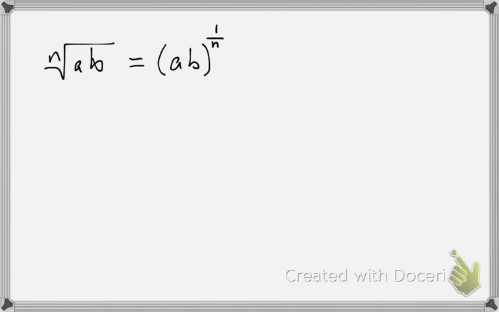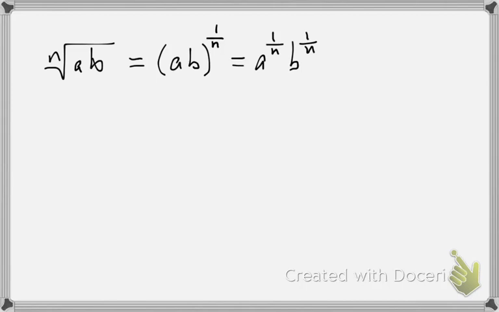As a fraction power, 1 over n. You guys recall? It's going to matter. Once you have it in its exponential form, you can deal with that piece by piece. So in this case, that means a to the 1 over n, b to the 1 over n. You guys agree? That's just a regular exponential rule.